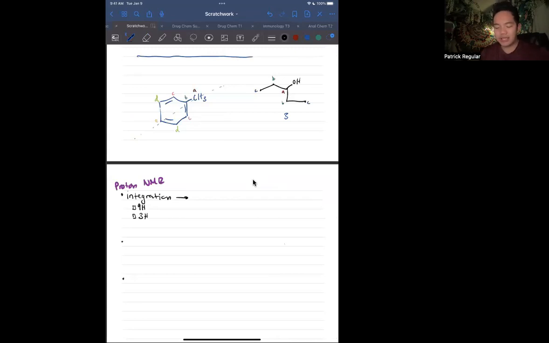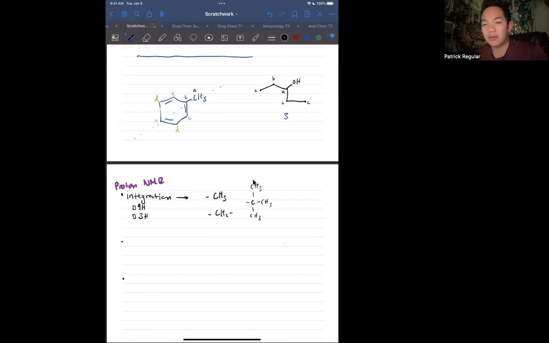So your 3H would be 3 chemically equivalent hydrogens. So that would be like a methyl group, right? Each of those protons on that carbon are chemically equivalent. Or for 2H, you would have a CH2, right? That's pretty simple. Or 9H, you would have a tert-butyl group. CH3, CH3, CH3, and 9H because you have 9 hydrogens that are chemically equivalent to each other.